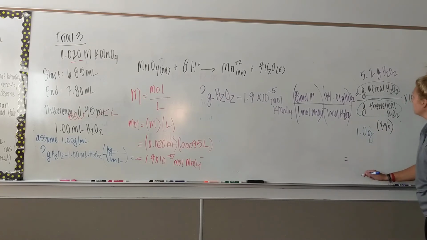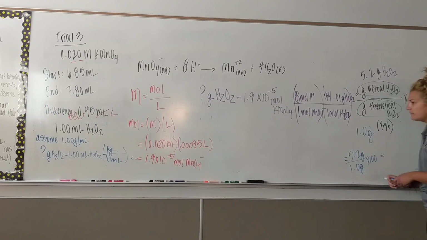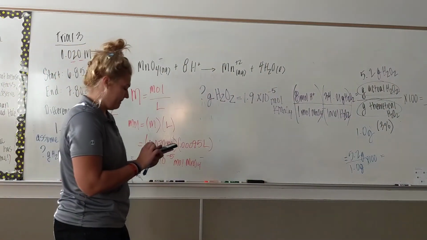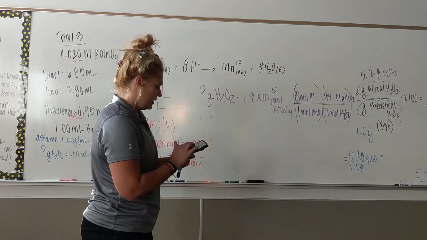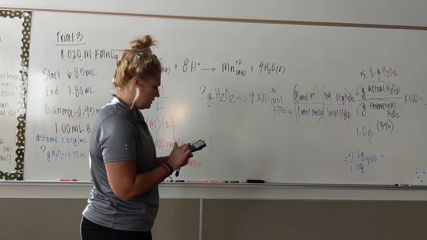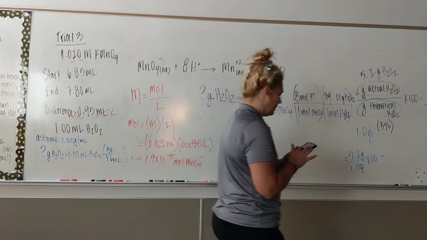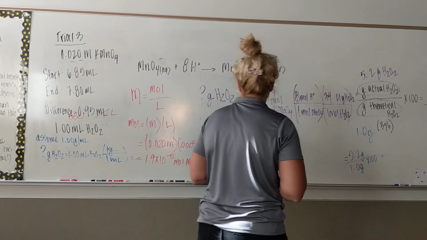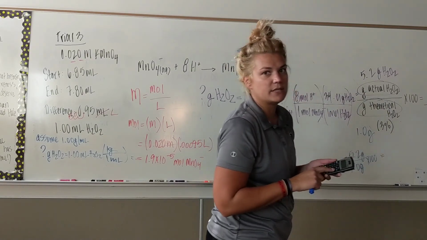So then I'm doing 5.2 grams divided by 1.0 grams times 100. I get, something's not right. What did I mess up? I forgot the times 10 to the something on the 5.2.